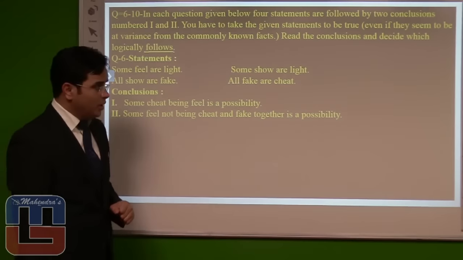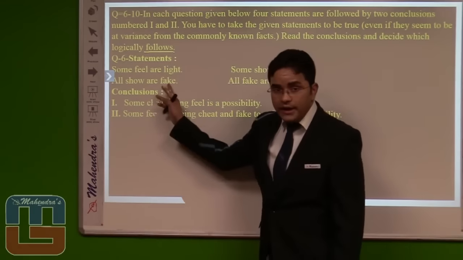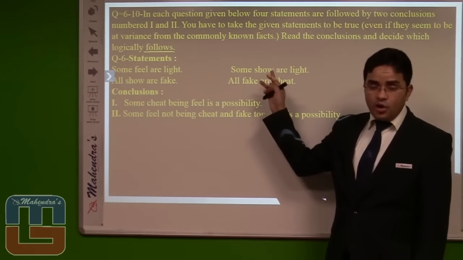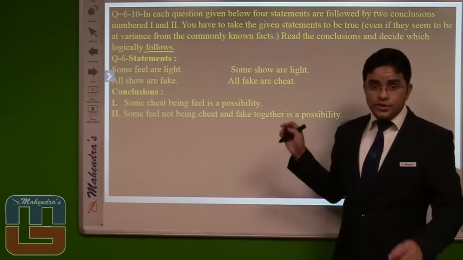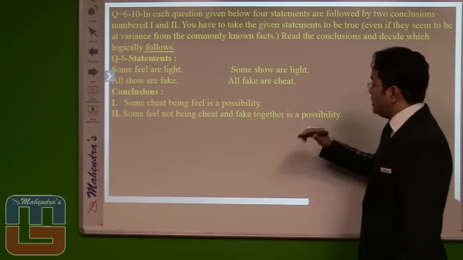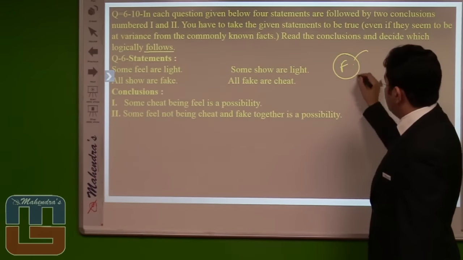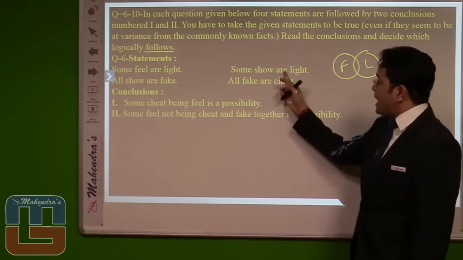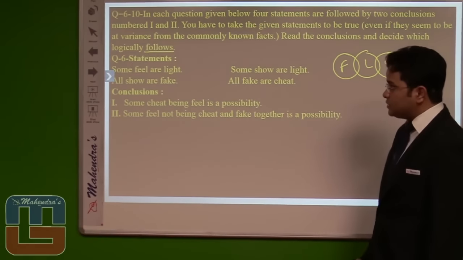Okay, so I'm going to tell you. Firstly, we have to read the instructions given and draw the statements, and after drawing the statements, we have to check whether the conclusion follows or does not follow. So read out the first one. First statement is saying some field are light. Next one is saying some show are light, it means some light are show, correct?